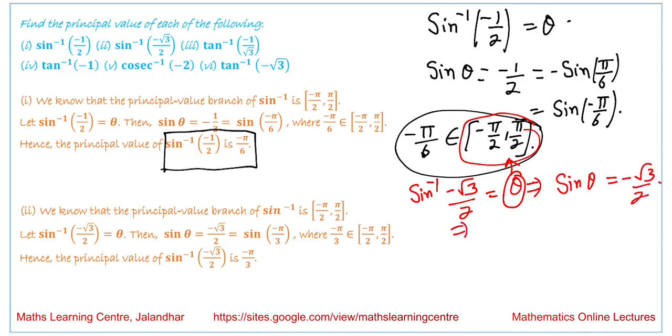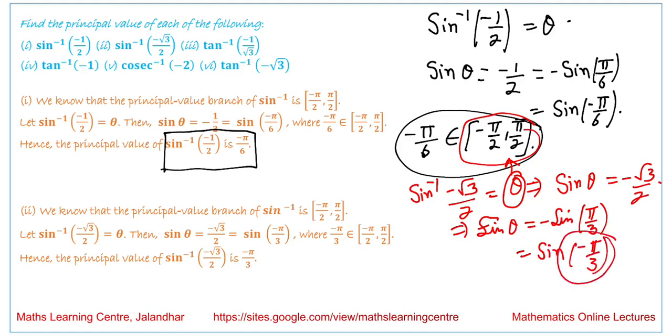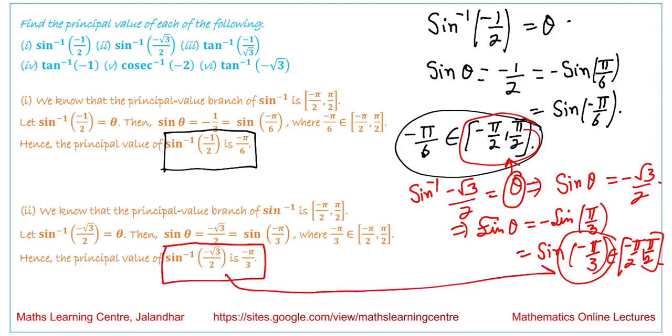This implies sine theta is equal to minus sine of pi by 3, which is equal to sine of minus pi by 3, and this minus pi by 3 belongs to the interval minus pi by 2 to pi by 2. So the principal value of sine inverse of minus square root 3 by 2 is minus pi by 3.